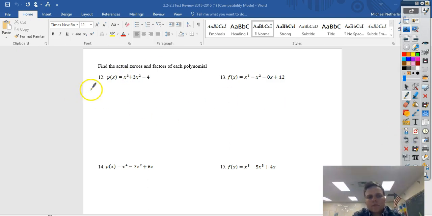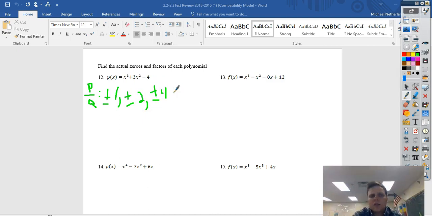So, we're going to do P over Q to get our possible zeros. So to do P over Q, you first need to know what P is and what Q is. P is negative 4, Q is 1. So all the factors of 4 divided by all the factors of 1, so that's just going to end up being plus or minus 1, plus or minus 2, and plus or minus 4.